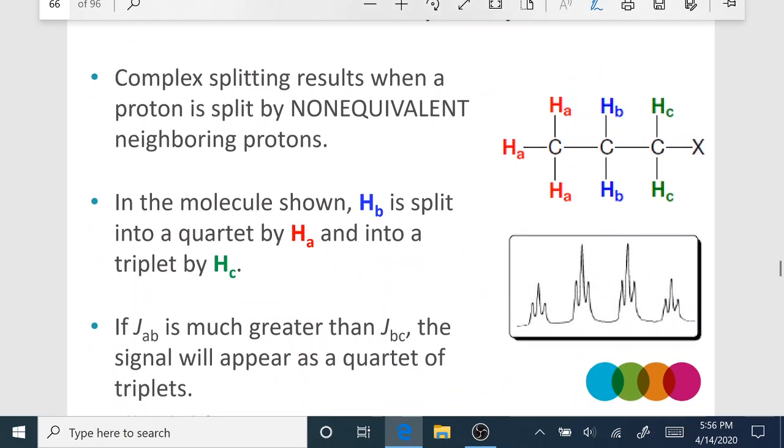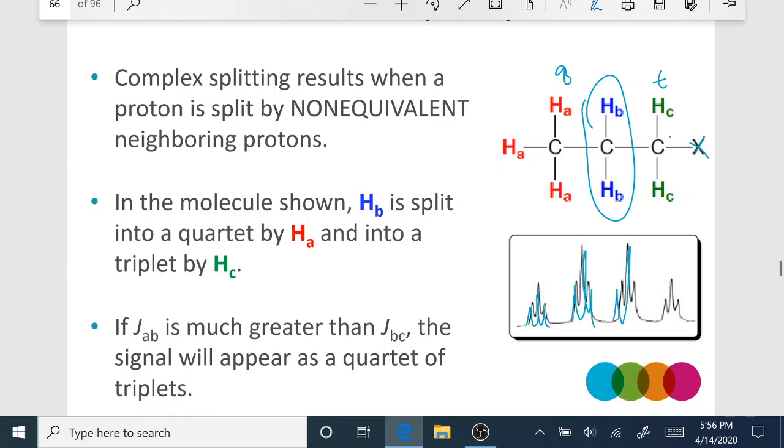Now let's look at HB here in blue. It's going to be split into a triplet by HC and into a quartet by HA. Since you have this X here, it's going to change the environment of HC and HA enough that the coupling constant is going to be vastly different. What that means is we're going to have a quartet of triplets.